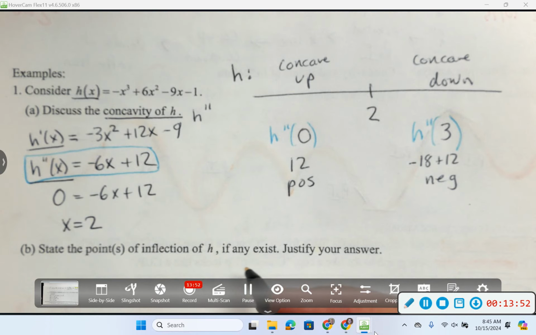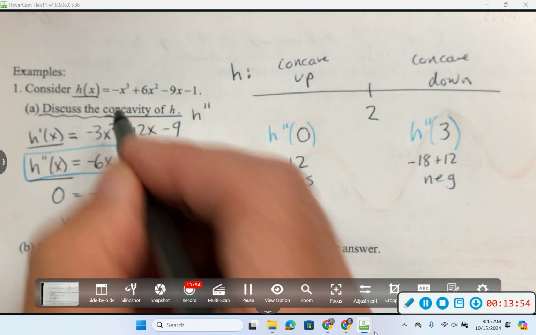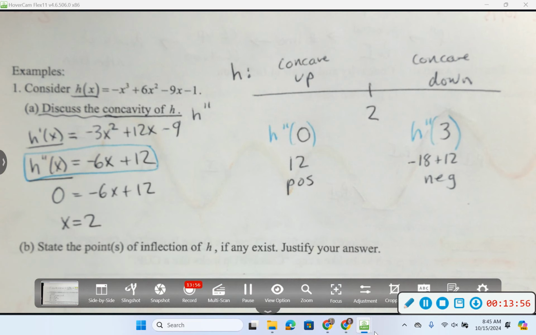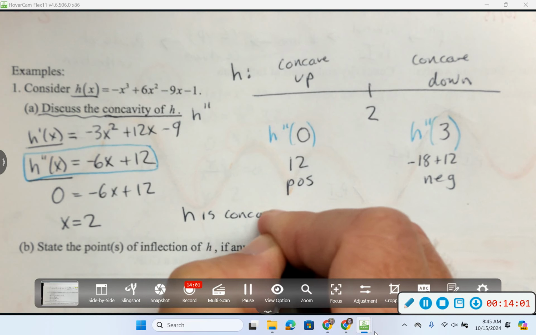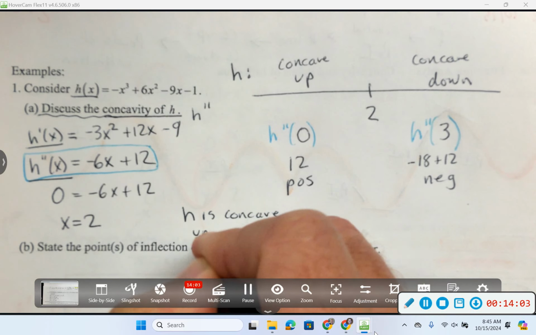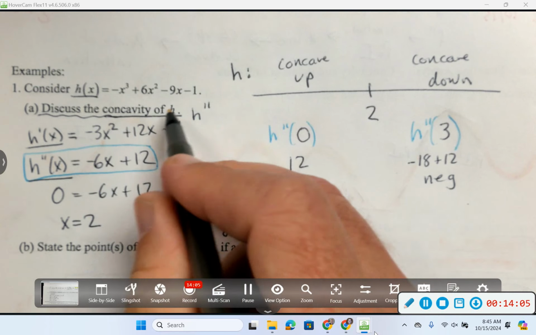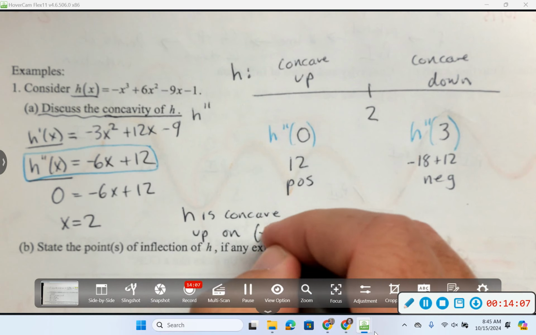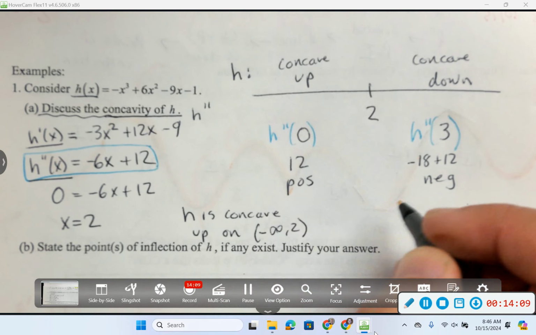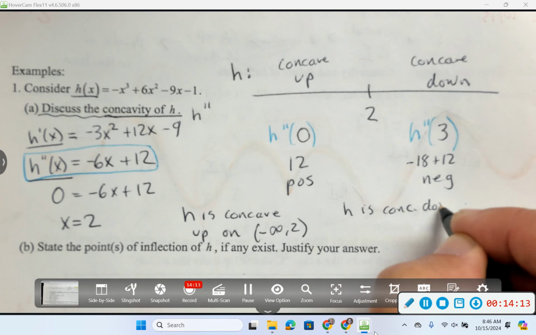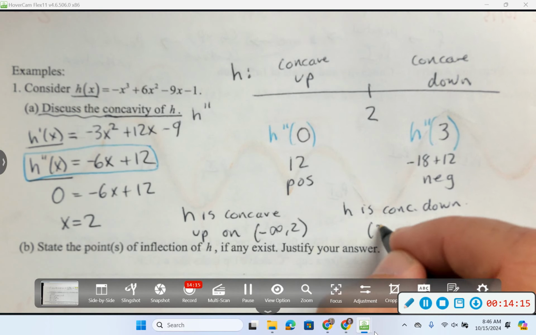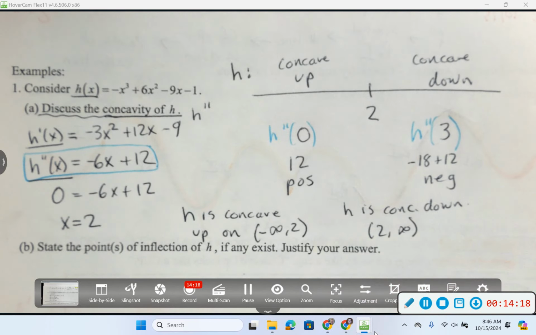Okay, what did it ask me to do here? Discuss the concavity. I don't think it wants like an essay. I think it just wants me to say H is concave up from negative infinity to 2, and H is concave down from 2 to infinity.